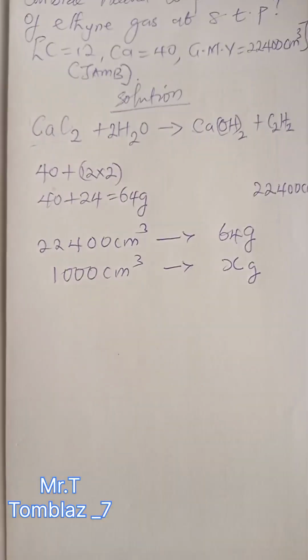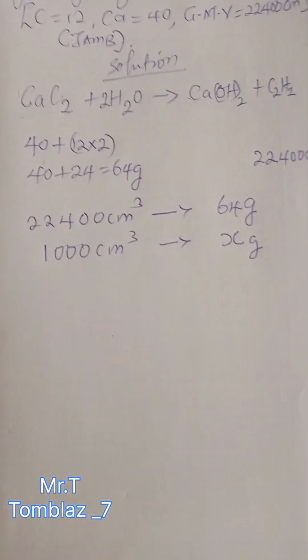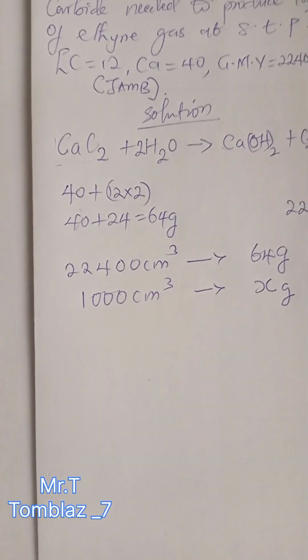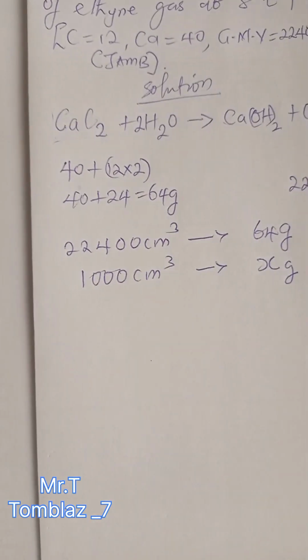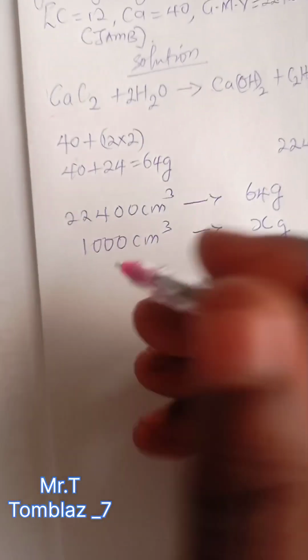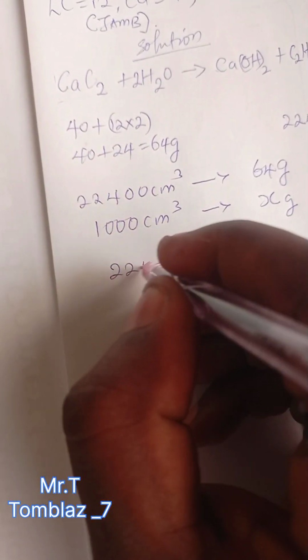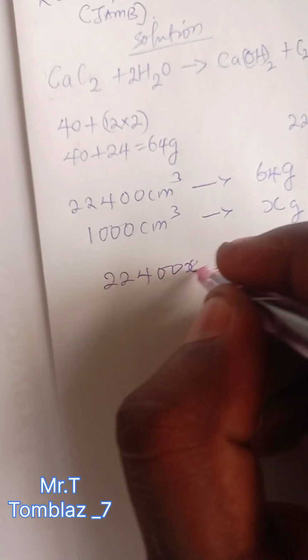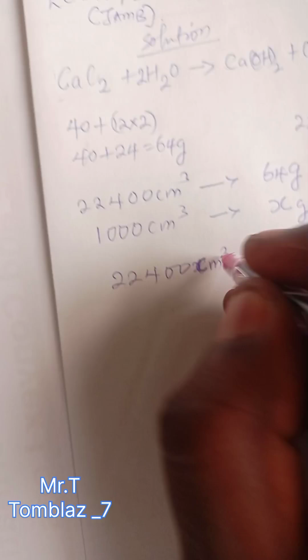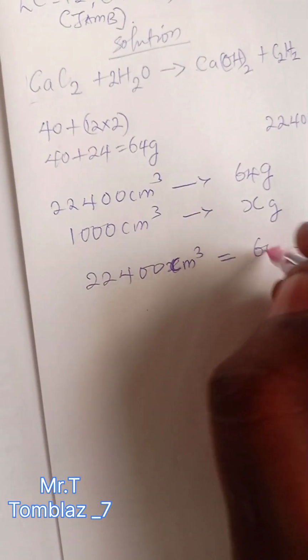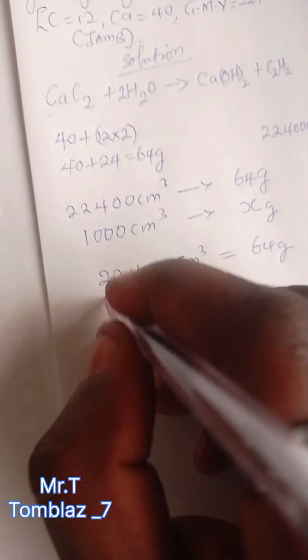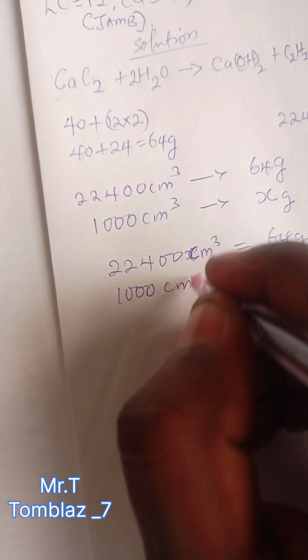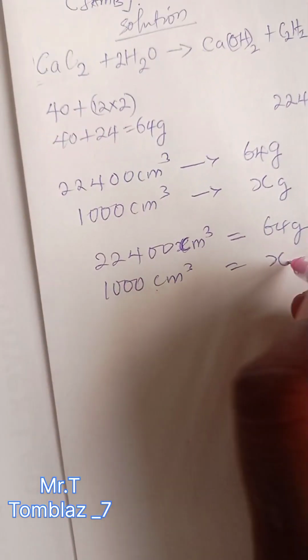Okay, so if this is established, let's do our arrangement the way we always do when we want to do cross multiplication. So we have 22400 centimeter cube give birth to 64 grams, then 1000 centimeters cube give birth to X, right?